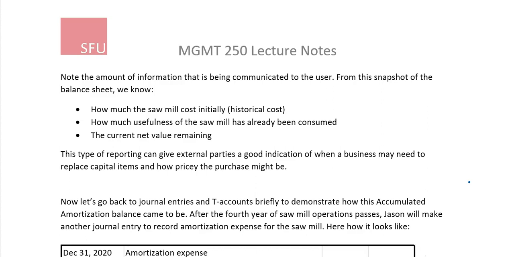So 150,000 has been consumed. And it also gave us the current net value remaining. So we have 850,000 remaining. This type of reporting can give external parties a good indication of when a business may need to replace capital assets and how pricey the purchase might be.